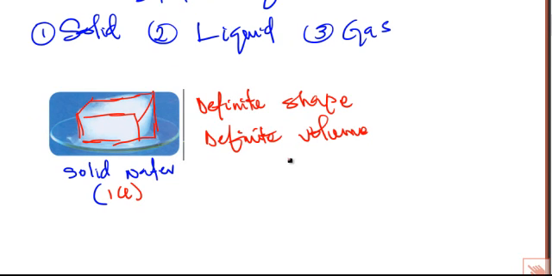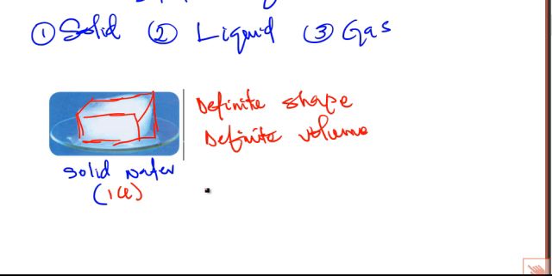Also, if you heat a solid, it can expand to some extent, and can also contract if you cool a solid.